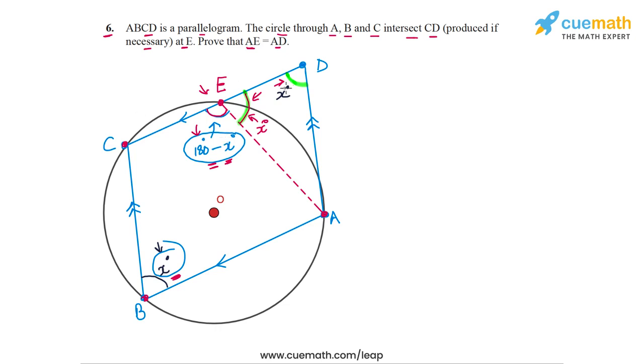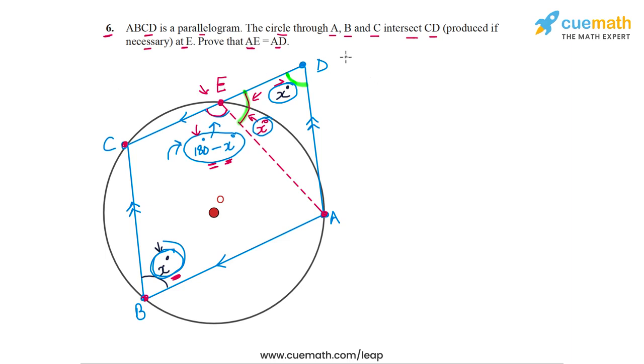So once again, let's recap the logic. We took the angle at D as x, which means the angle at B is also x, which means the angle opposite B in quadrilateral ABCE is 180 minus x, which finally means that the outside angle at E is x. So triangle ADE has two base angles equal, and hence AE and AD are equal.